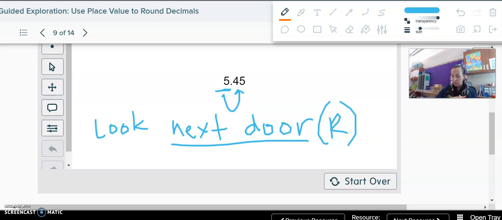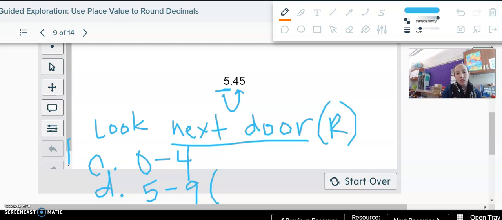So it stays the same if the number next door is 0 to 4. That's for C. For D, it rounds up if the number next door is 5 to 9. A teacher I taught with once would call that high 5.